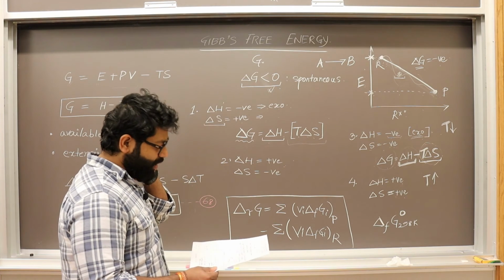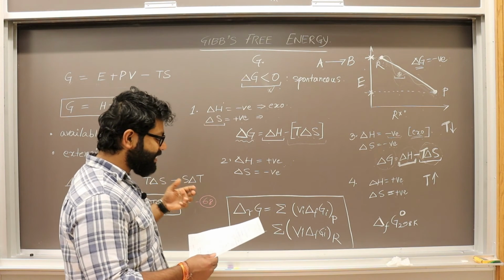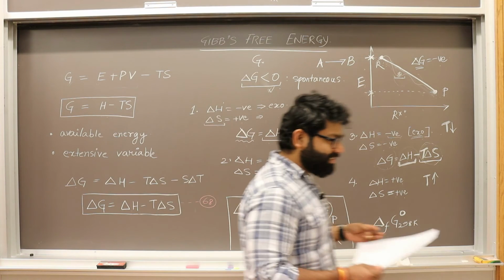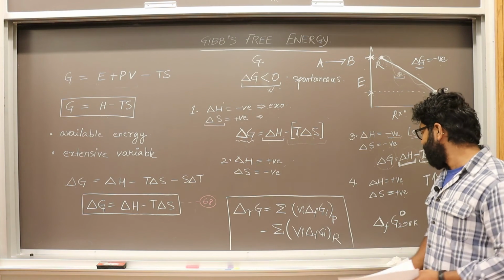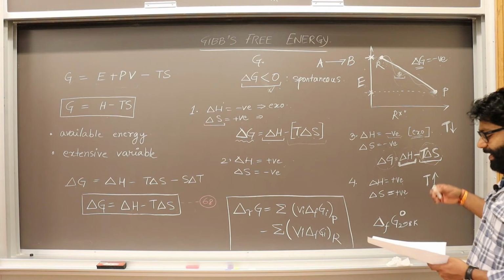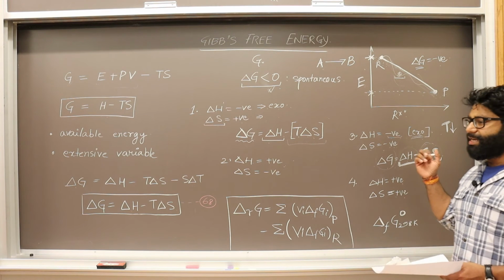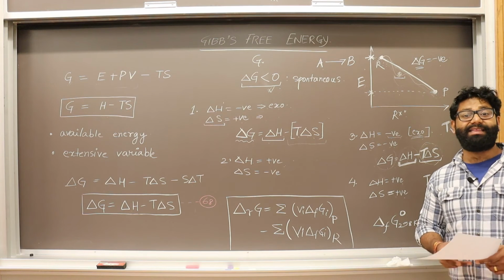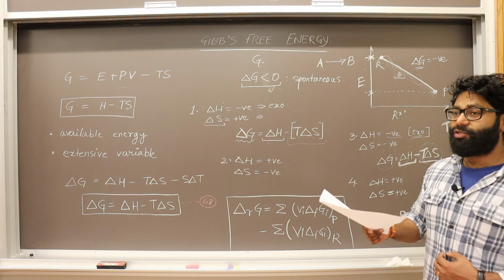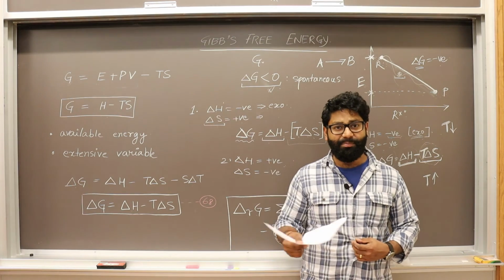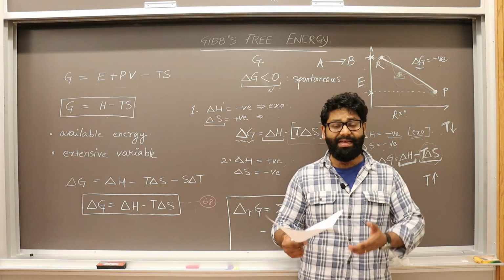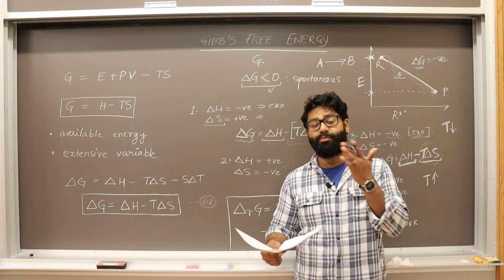Now, the delta G, or the Gibbs free energy, of an element in its reference state is 0. Okay, it is a concept similar to what we were studying in the enthalpy. So the enthalpy of formation of any element in its reference state was assumed to be 0.